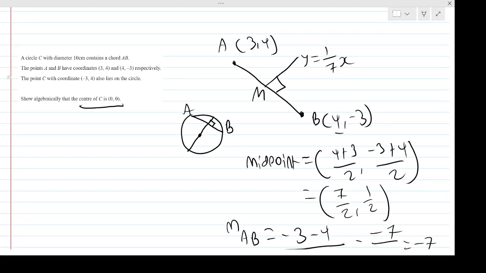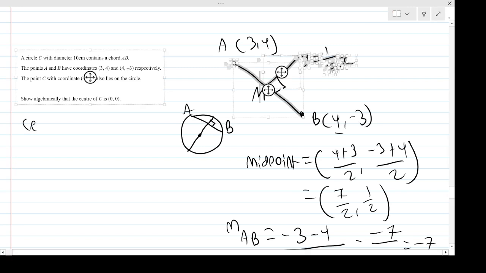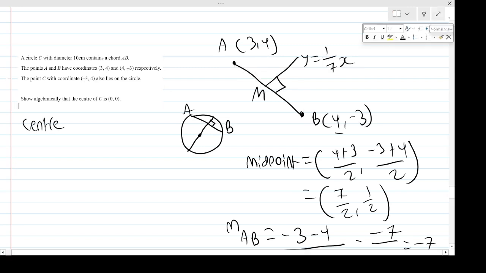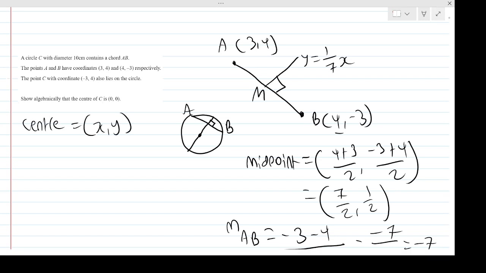The centre again, we're trying to prove it's 0, 0, so we can't just assume it's 0. Firstly, let's just say the centre is a point (x, y). We don't know what the x or y coordinate is, so let's just say it's (x, y). However, we know that the centre must be on this perpendicular bisector here, right?